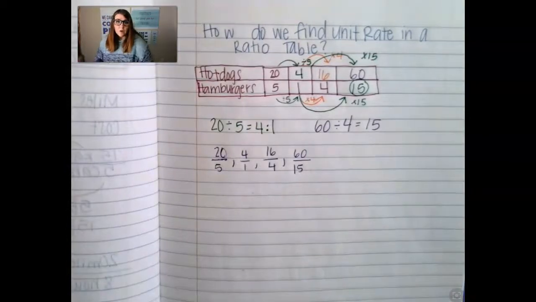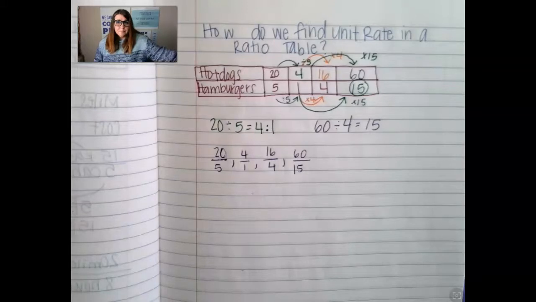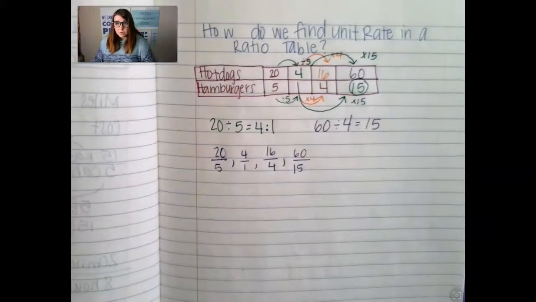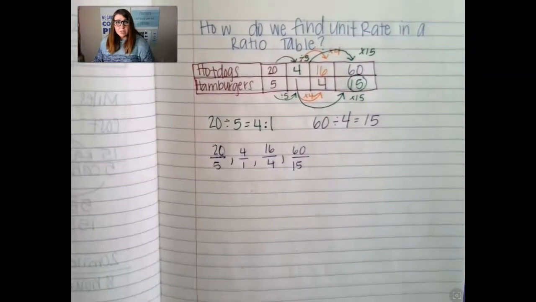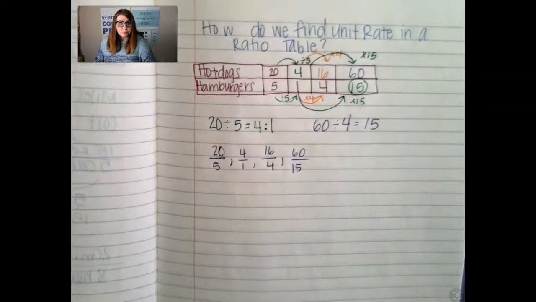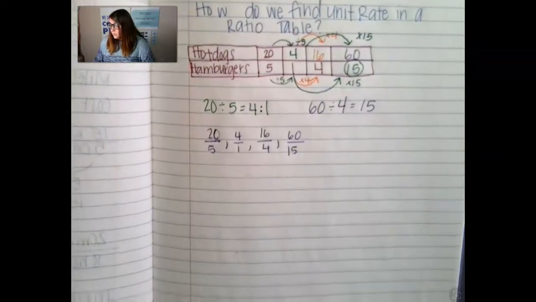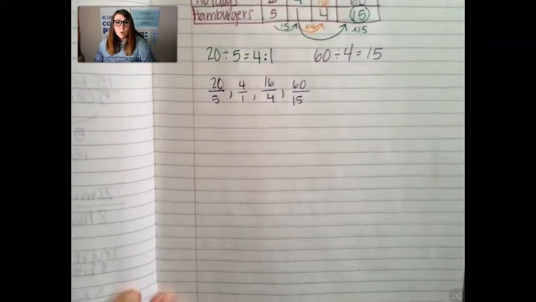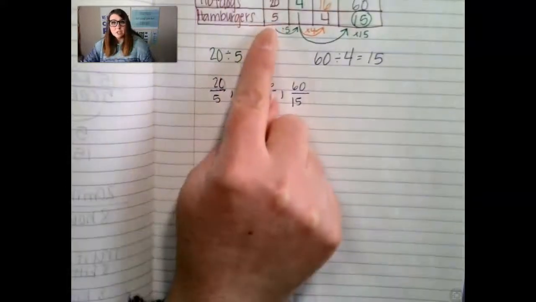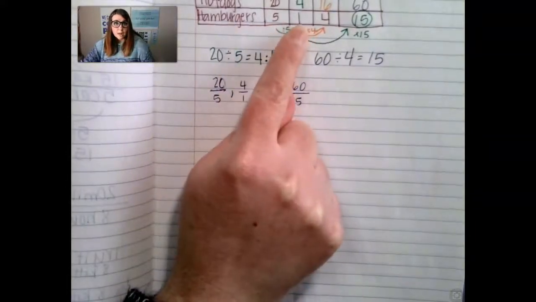Those are all of our ratios, and they are all equivalent. All right, so how do we find unit rate in a ratio table? What did we do? We use division to go from our initial ratio to 1.